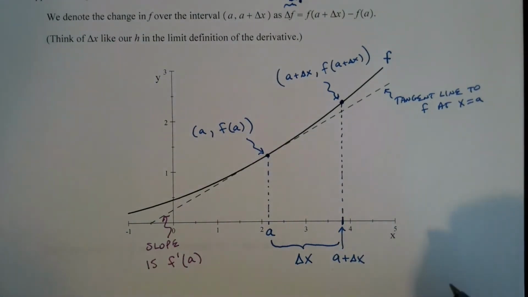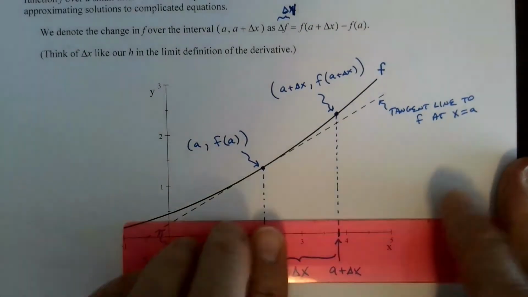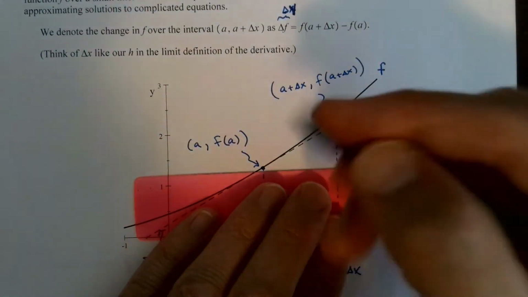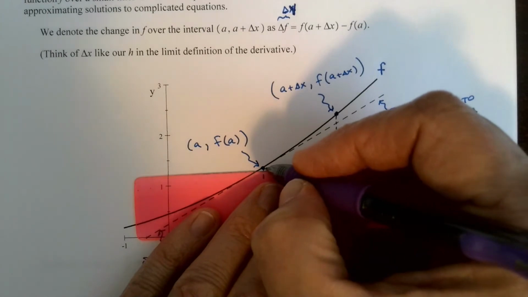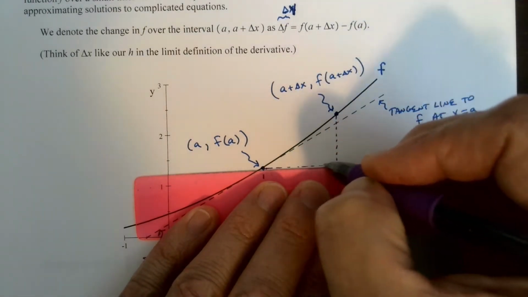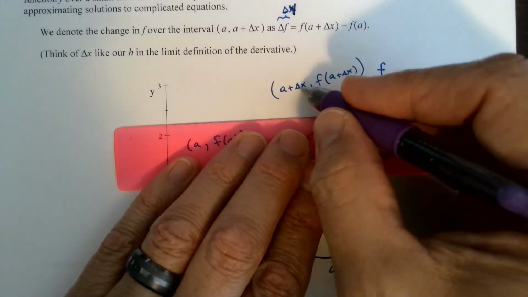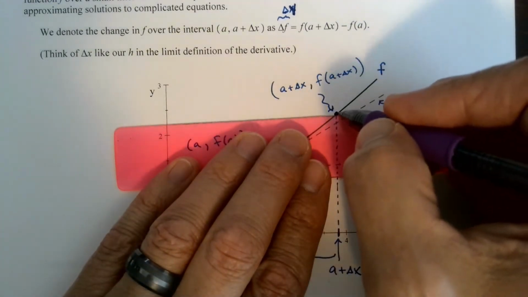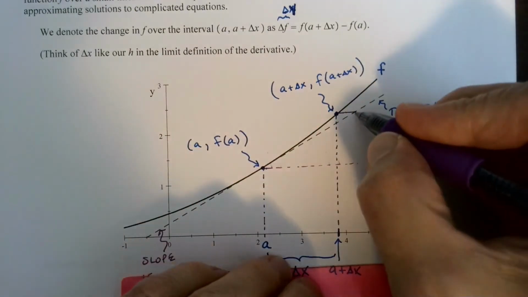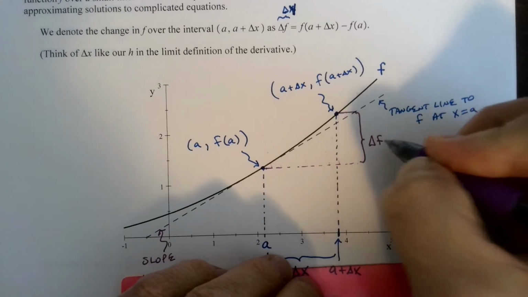Okay, so first of all, let's talk about this change in f or change in y value here. That's as I go from this point a comma f of a, so I'm going to draw a horizontal line from here to a plus delta x, f of a plus delta x. All right. This is the vertical change, the change in the value of the function.